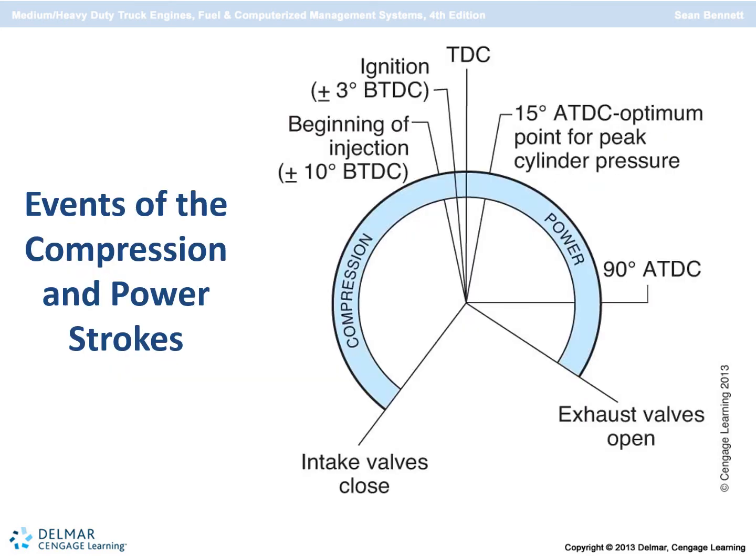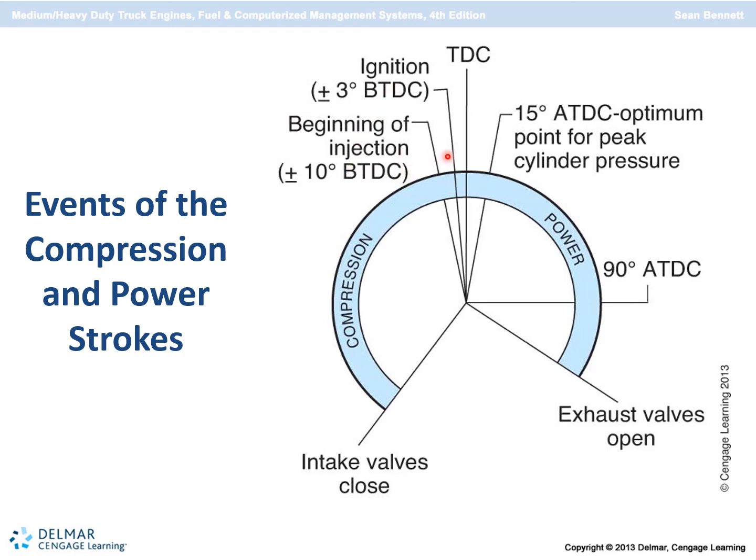This is a representation of the compression and power stroke. As the piston is moving up, compressing the air, injection occurs approximately 10 degrees before top dead center. In modern electronically managed engines, an initial pulse of fuel is introduced into the cylinder to create a flame front before the volume of fuel is added, and that occurs between 10 degrees and 3 degrees before top dead center.